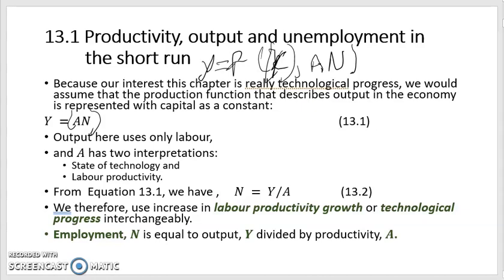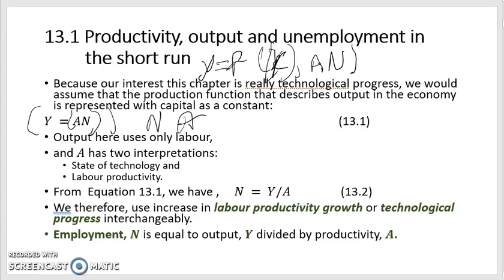So we simplify by ignoring capital for now and assume that output is produced according to this production function. Under this assumption, output is produced using labor, where labor is N, and each worker produces A units of output.